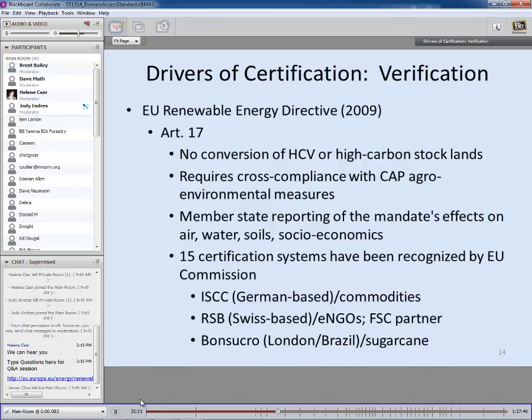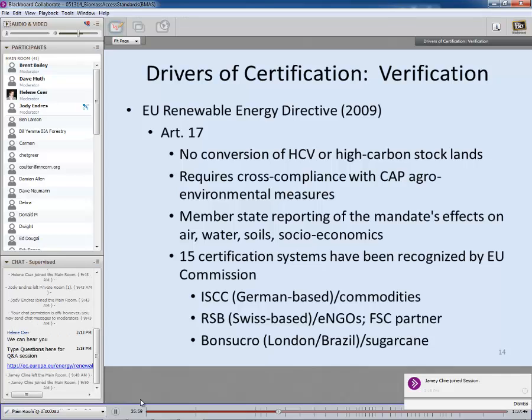As part of that reporting, if there is an imported fuel coming into the European Union, that member state would ask for that same type of, let's call it cross-compliance, or in the spirit of cross-compliance, so they could do that type of reporting to the Commission.